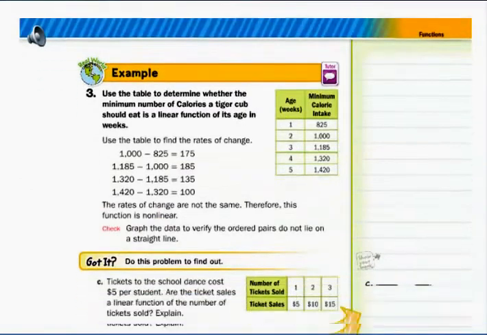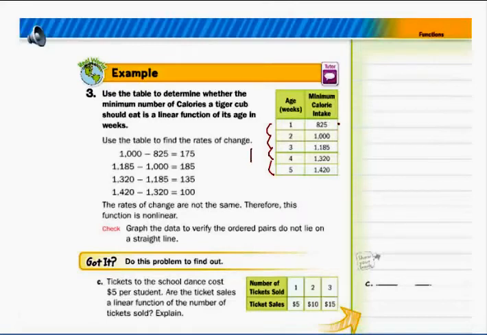All right, looking at example 3. Use the table to determine whether the minimum number of calories a tiger cub should eat is a linear function of its age in weeks. So again, don't get caught up in the wording of that problem. You're just looking to see, is this linear or not? The age in weeks all go up by 1.